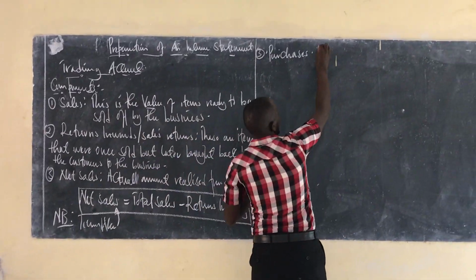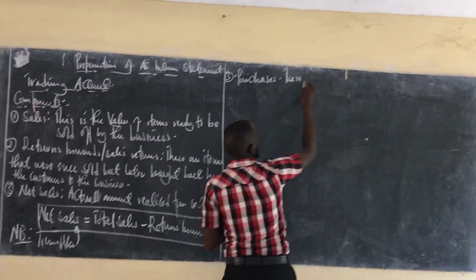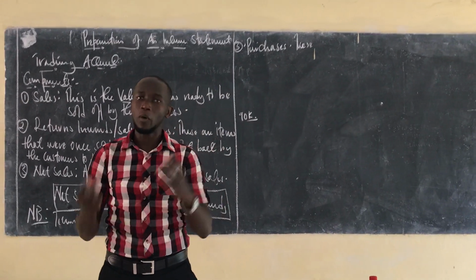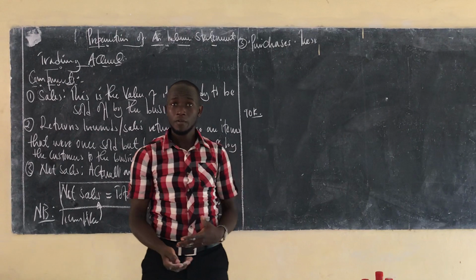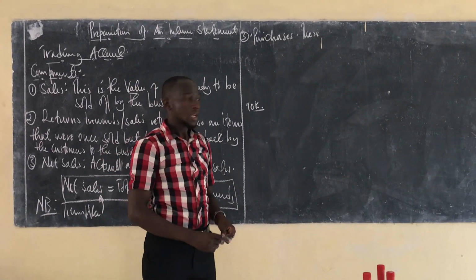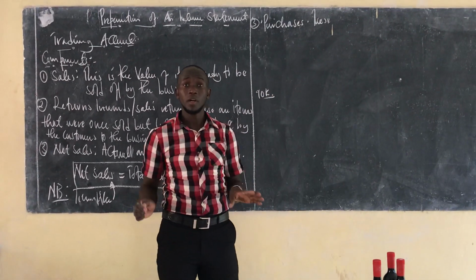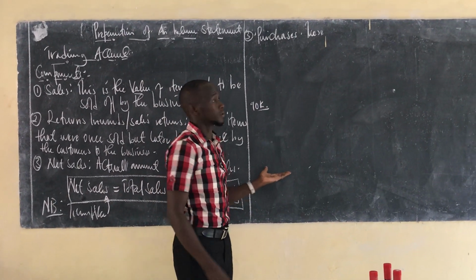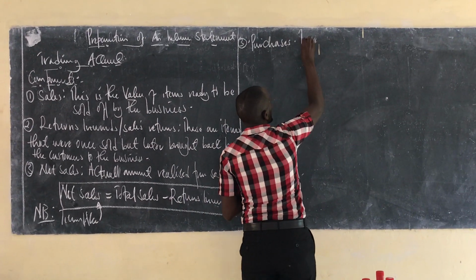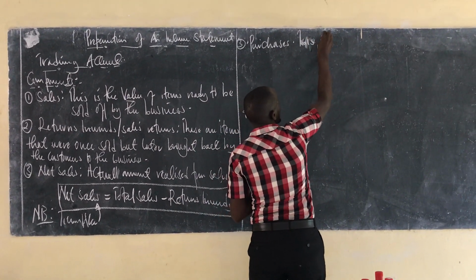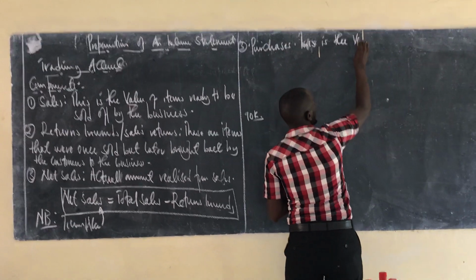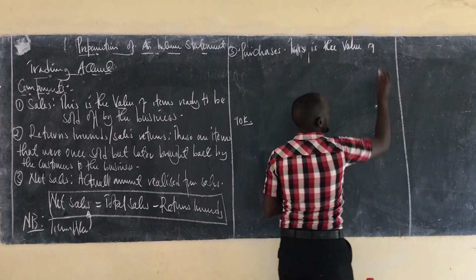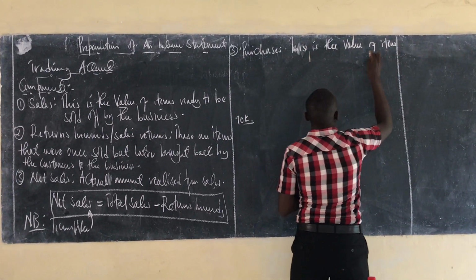So purchases, these are items. In fact, I told you somebody can say, this is the value of items that are bought into the business for resale to make a profit. If you find someone saying these are items, it is also fine, because these are different known figures themselves. The value of items.